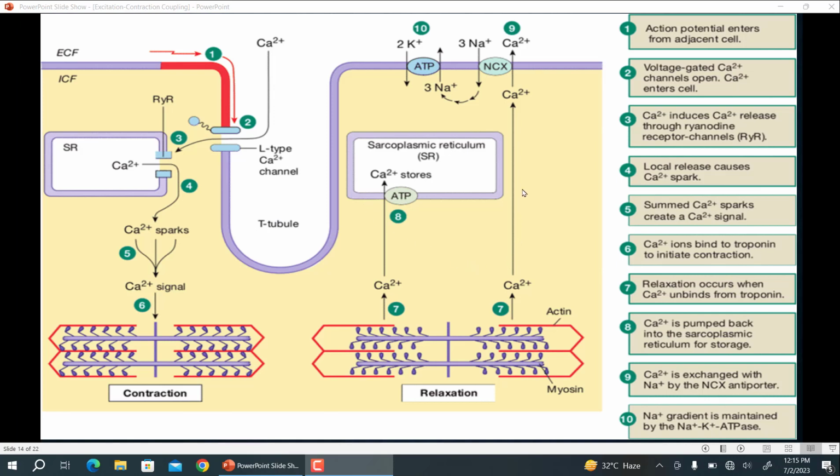Calcium is also taken out from the myofibril to the extracellular fluid by exchange with sodium: one sodium is taken in and three calcium are brought out, and the sodium-potassium balance is maintained by the sodium-potassium pump. So this was all about the excitation-contraction coupling mechanism.